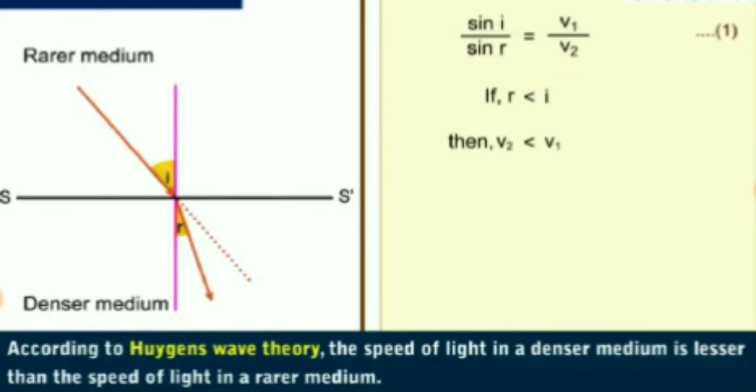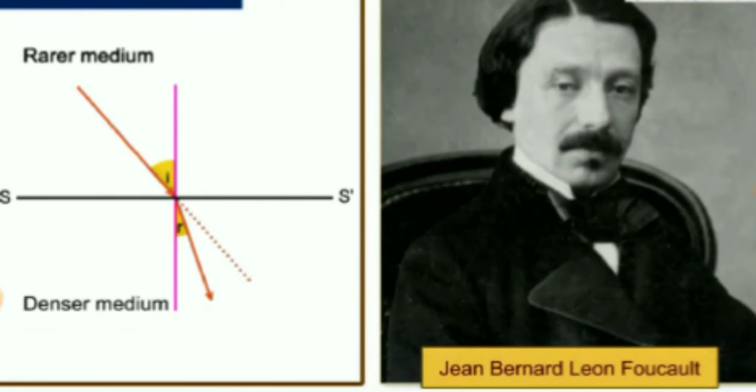Thus, according to Huygens wave theory, the speed of light in a denser medium is less than the speed of light in a rarer medium. This is in contradiction to the assumptions made by Newton in his corpuscular theory of light. In 1850, it was Foucault who first determined the speed of light experimentally and confirmed that the speed of light indeed is less in water than in air.